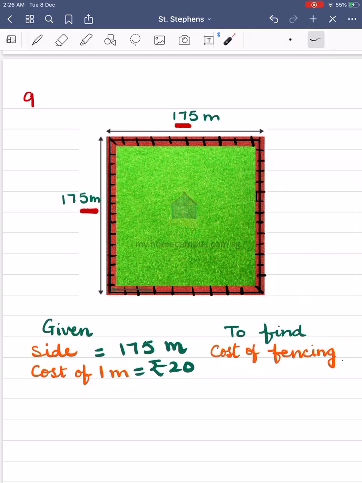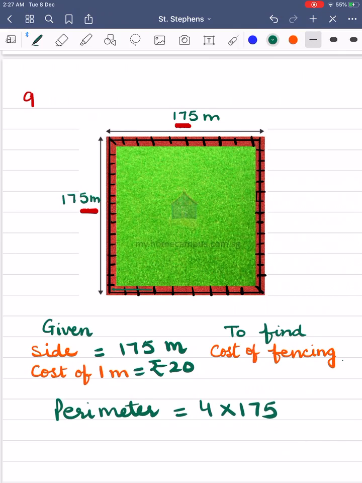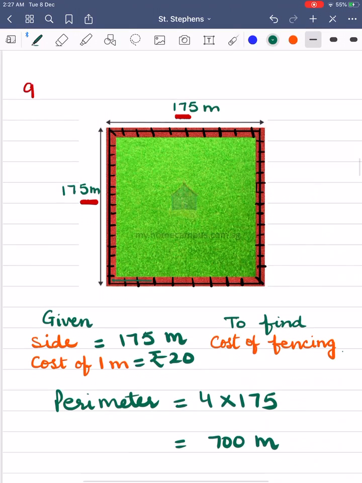Now for finding out the cost of fencing, we have to find out the perimeter of the square. So perimeter is equal to number of sides, which are 4, into length of its side, which is 175. So we get here 700 meters.